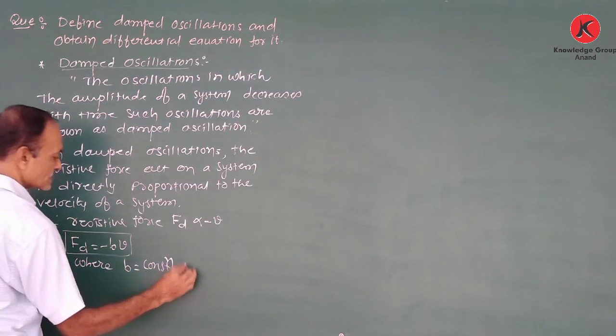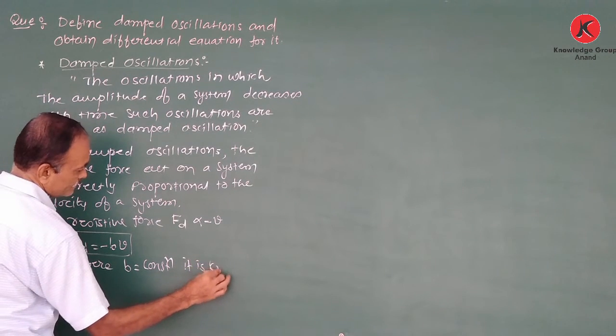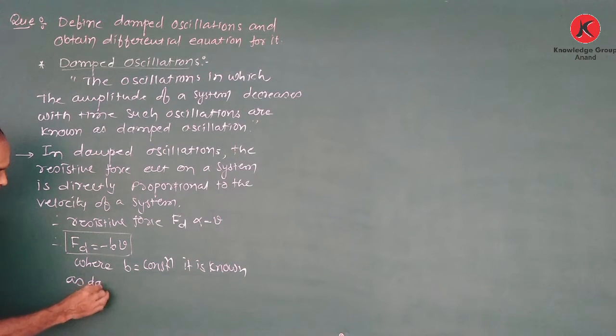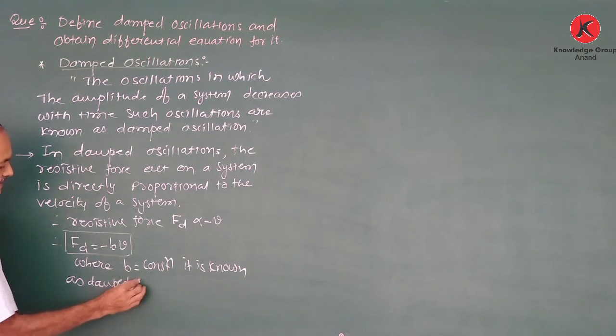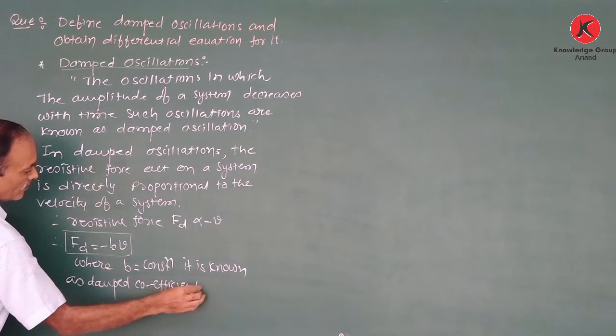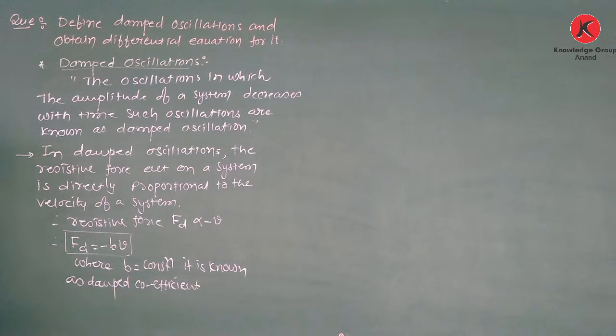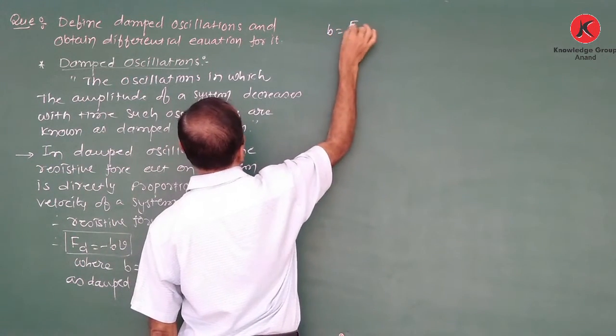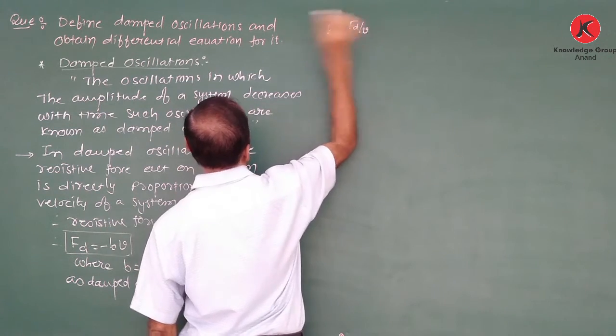This constant b is known as the damped coefficient. From this equation, b is equal to FD upon v.